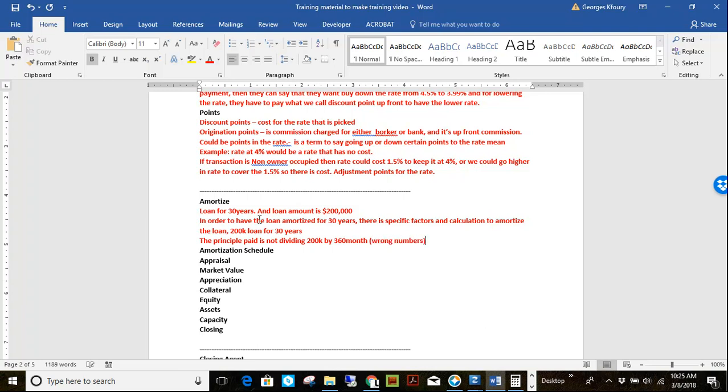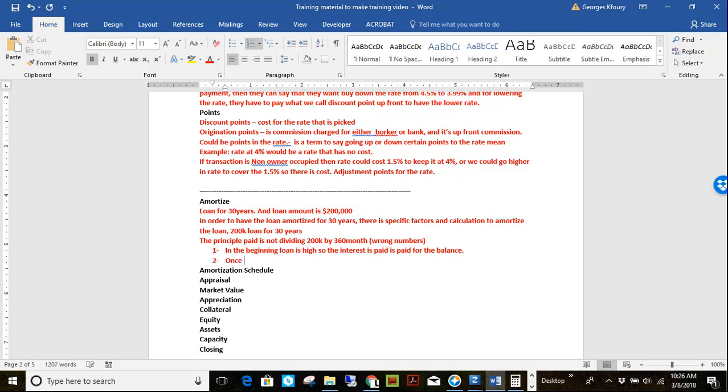Why? One, in the beginning the loan balance is high, so the interest is higher. Interest is paid for the whole balance.